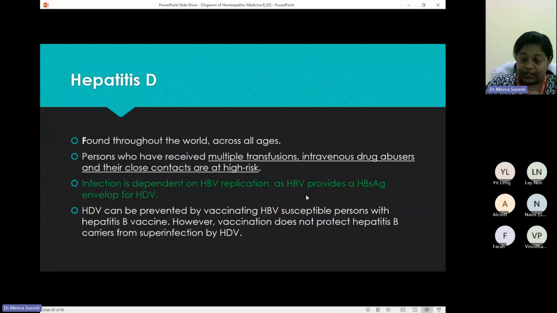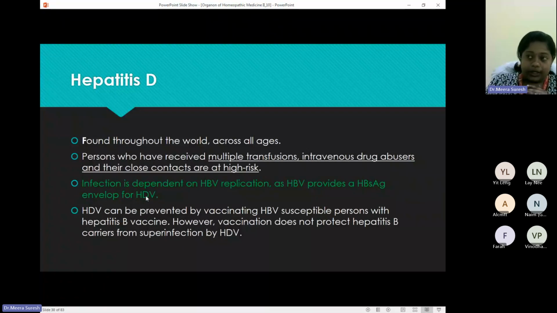It can, but only if this person already has hepatitis B infection, then hepatitis D is also going to show its action. Because for the multiplication of hepatitis D, they require an envelope which is provided by HBV, its HBs antigen. So only if that envelope is present, HDV can multiply. Otherwise, it is not going to cause any infection.